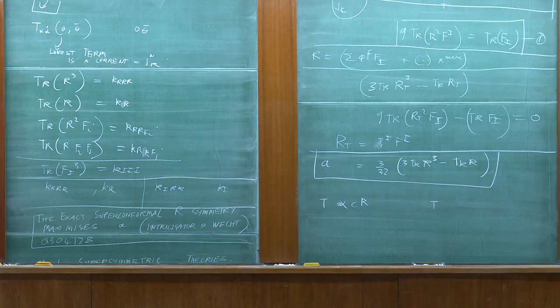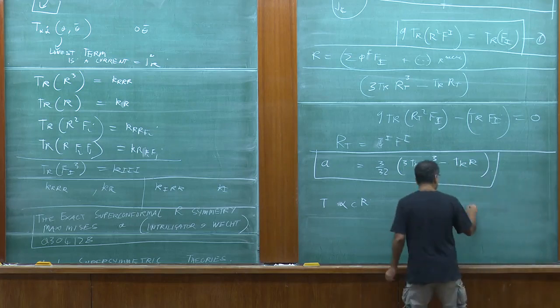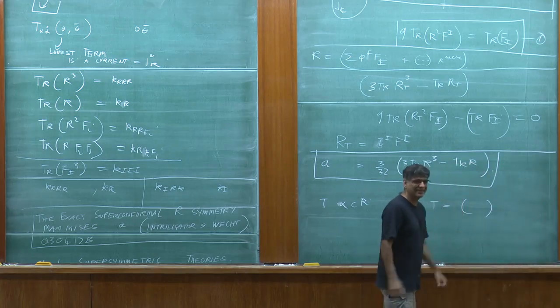More seriously analyzing this equation tells you that there are two allowed structures on this side.